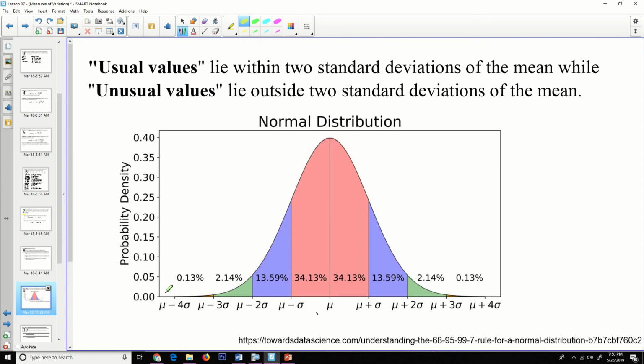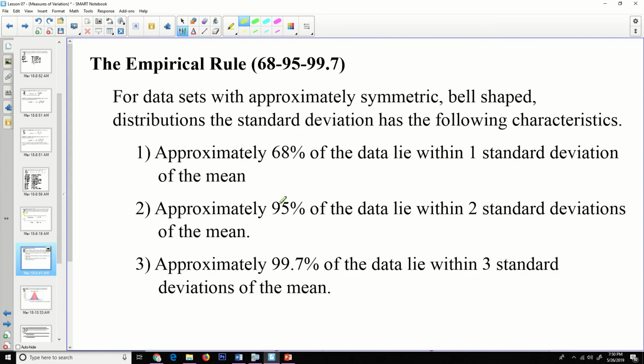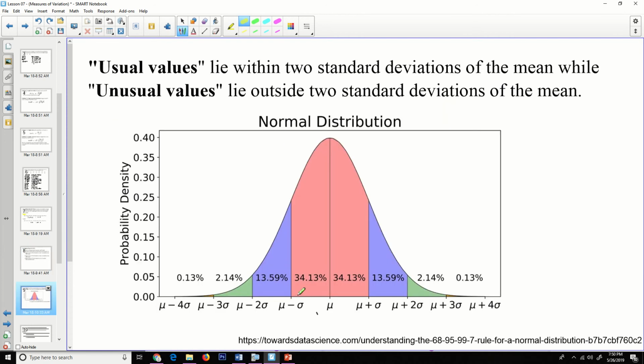And so here we look at a normal distribution. This shows these values, where we could say if all of the values lie underneath this curve, then clearly these two sections here, one standard deviation below and one standard deviation above, would be most of the values, and it turns out to be about 68%.